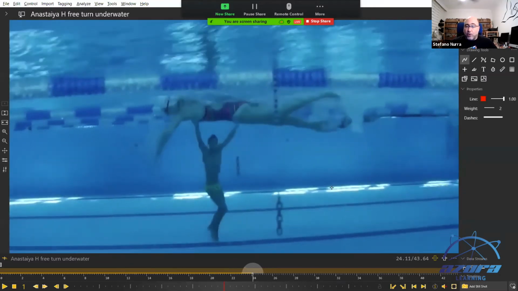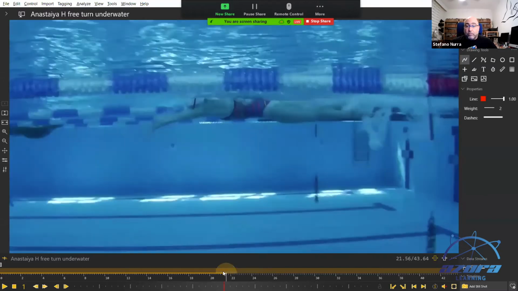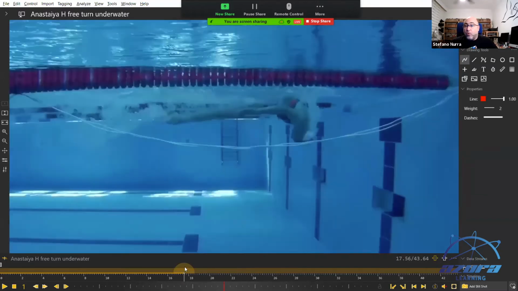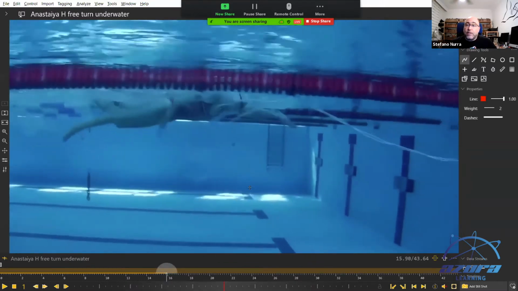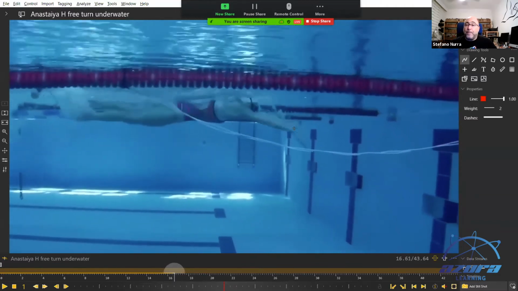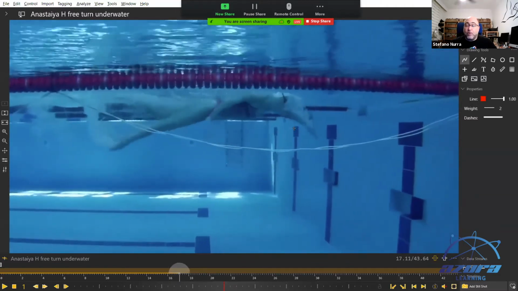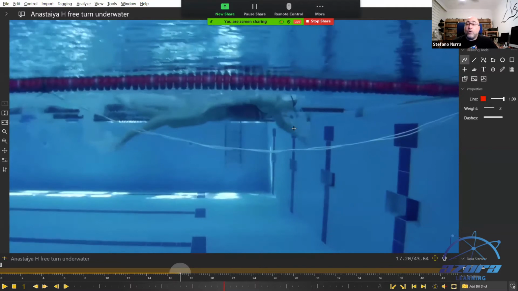This is a young girl, how can I say, a good swimmer, but not yet at international level. But it's interesting to study not only the top swimmers, because we can understand better what is difficult, where we have to pay attention, what could be a mistake.